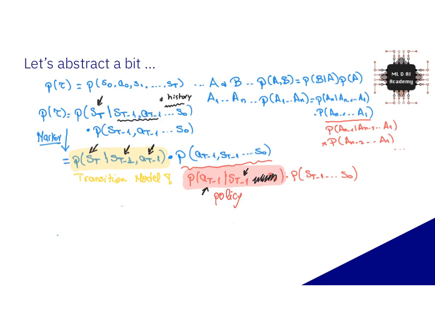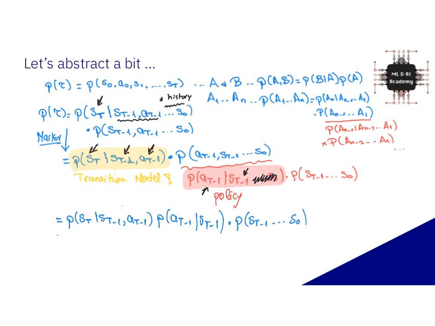So now we have an equation that looks like this. You have s_t given s_{t-1}, a_{t-1}, which is your transition model. Then you have the density of picking your action a_{t-1} given that you were at your state s_{t-1}, which is your policy. And then you have P of s_{t-1} up to s_0. Well, by now, you know what's coming.